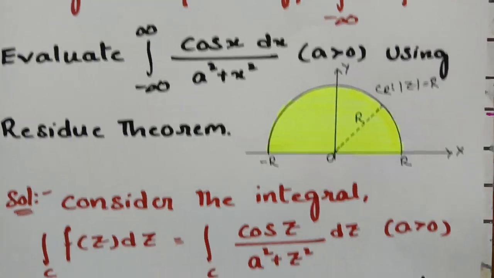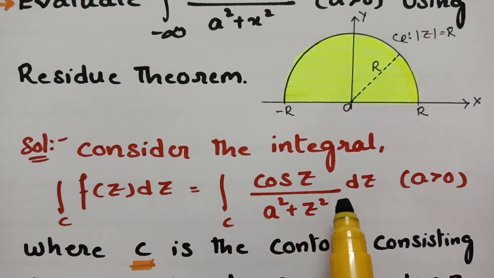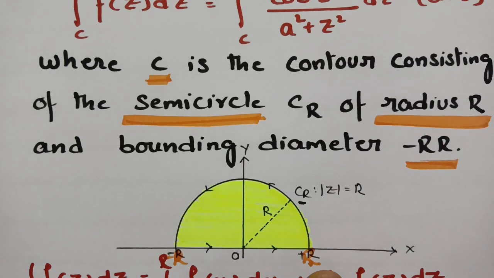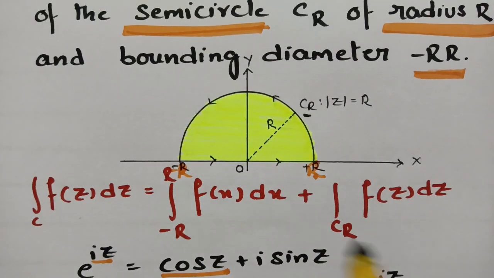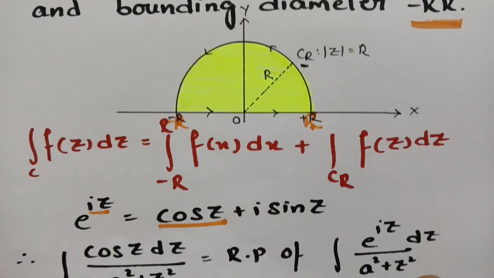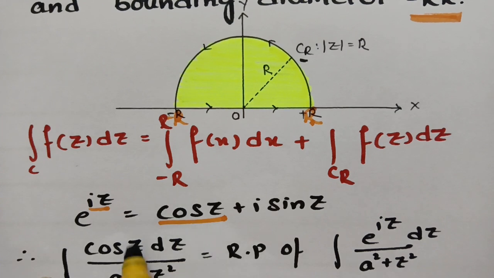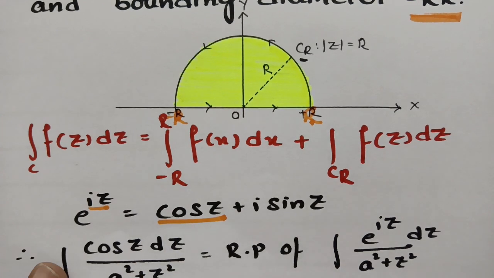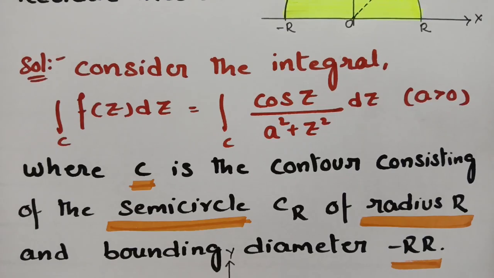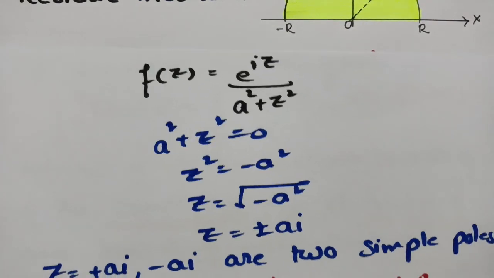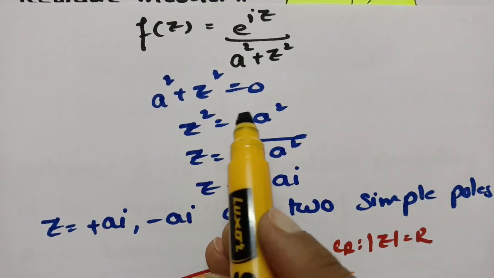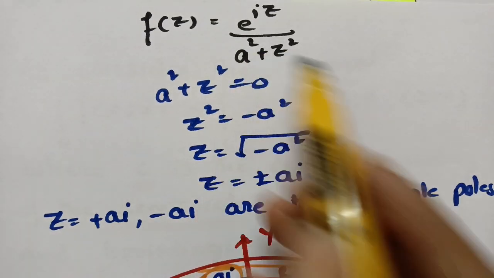Back to the beginning, this is the integral and this is the contour. We have two parts here, and e power iz can be written with cos z as its real part; in place of cos z I have written the real part of e power iz. So here is our f of z. For finding the poles we equate the denominator to 0.